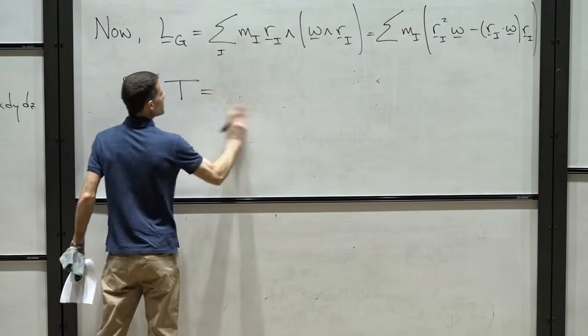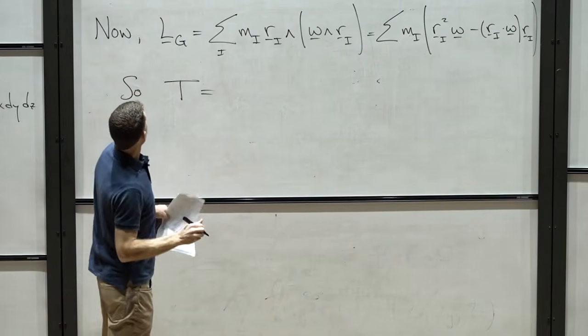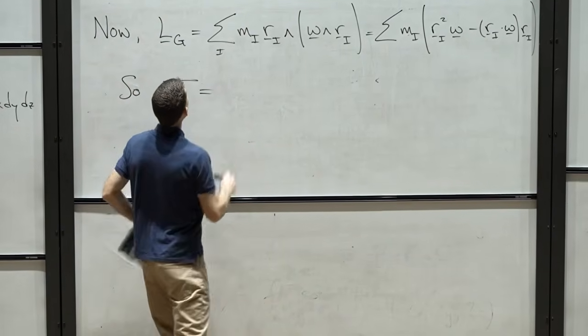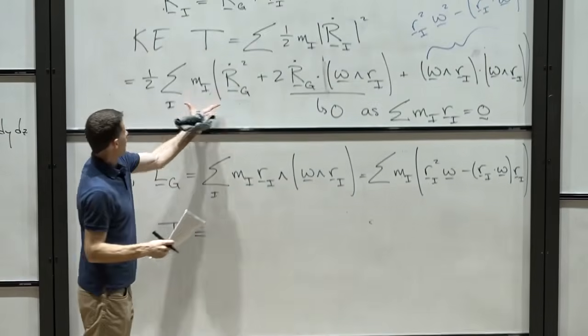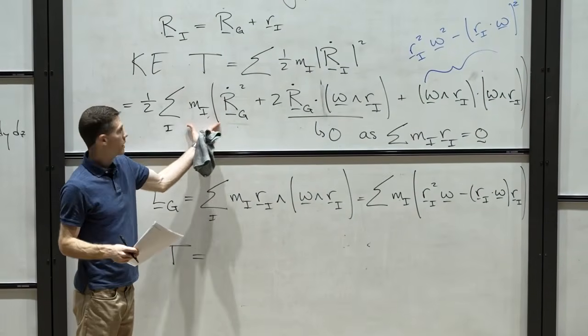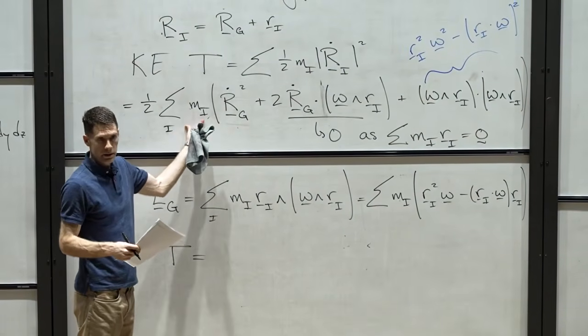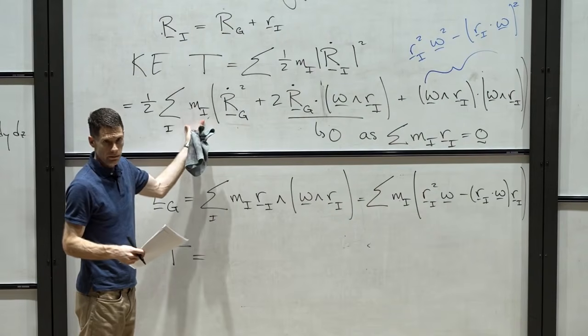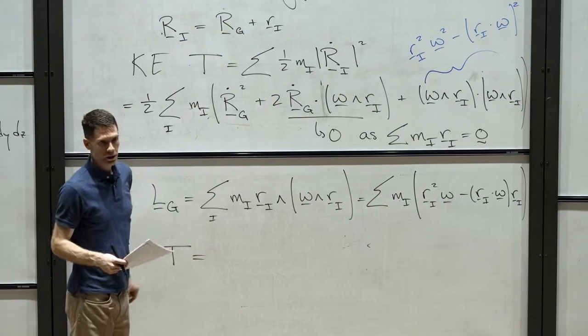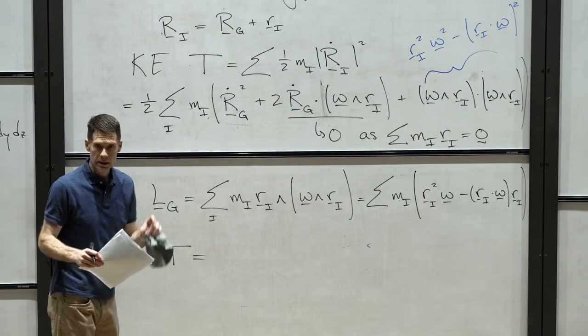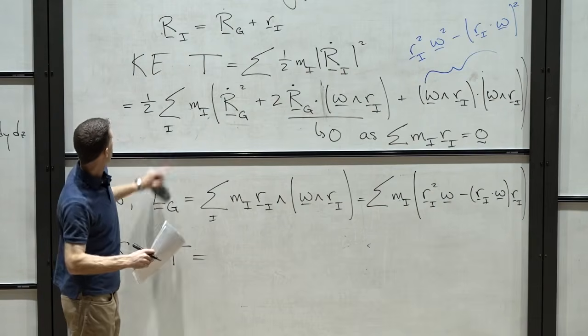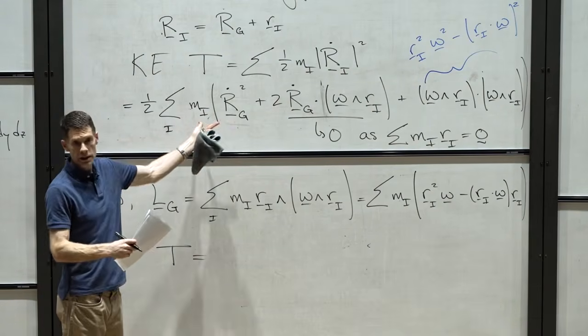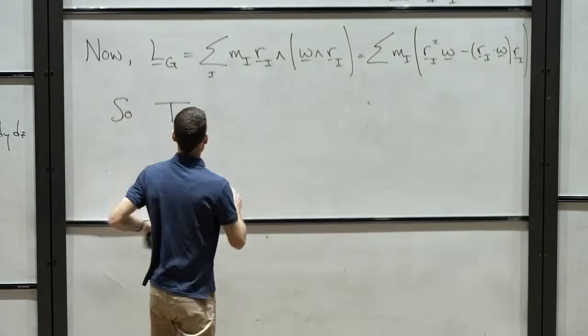kinetic energy is 1/2, and of course this first term has a sum over the m_i, so that's just the total M. So I have 1/2 big M R_g dot squared, which is what I would have expected, the kinetic energy of the translation.